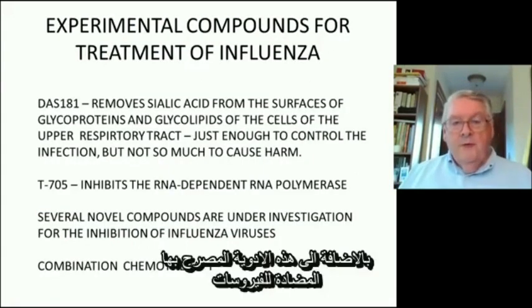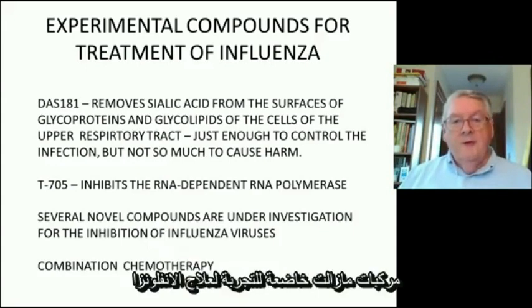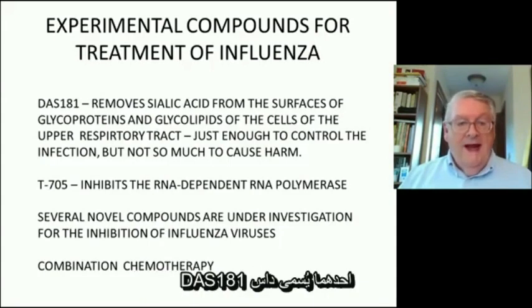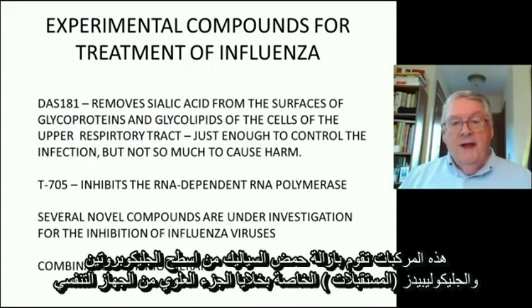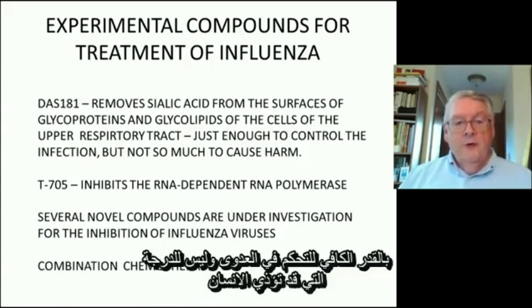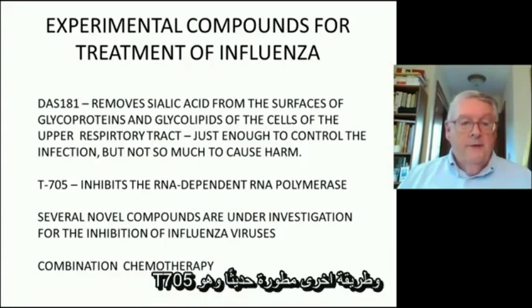In addition to those licensed antiviral drugs, there are a number of experimental compounds for the treatment of influenza. One is called DAS-181. This compound removes sialic acid from the surfaces of glycoproteins and glycolipids of the cells of the upper respiratory tract, just enough to control the infection, but not so much to cause harm. Another newly developed antiviral is T705.